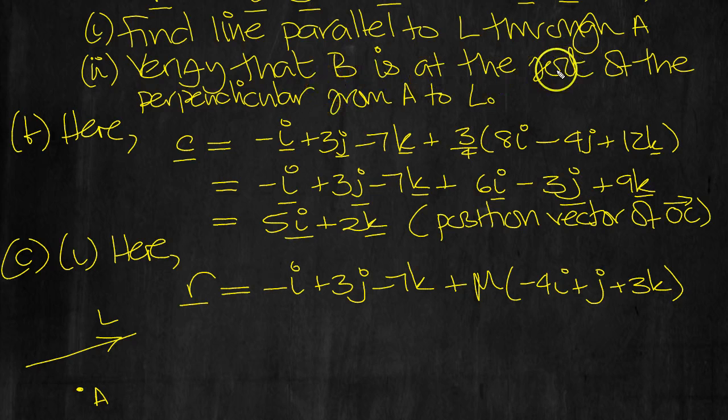So if we drop a perpendicular here in 3D space, we want to verify that that point there, the foot of the perpendicular from A to L, is B. So there's two things. Is B on L, and is this vector perpendicular to this vector? Basically, it's the two things we need to verify.